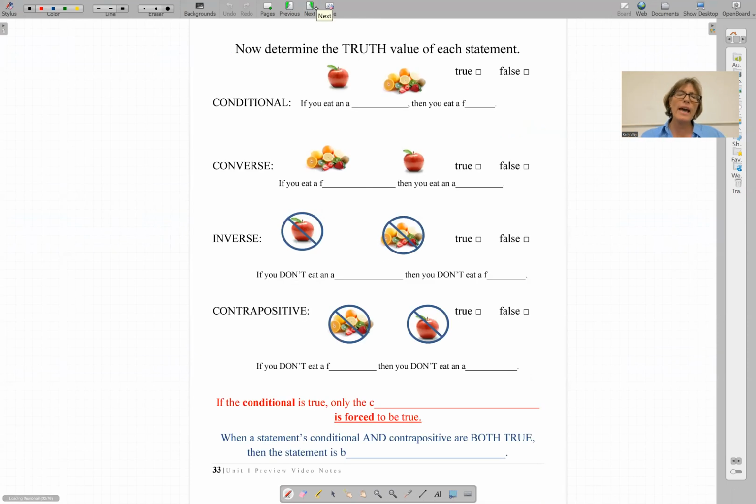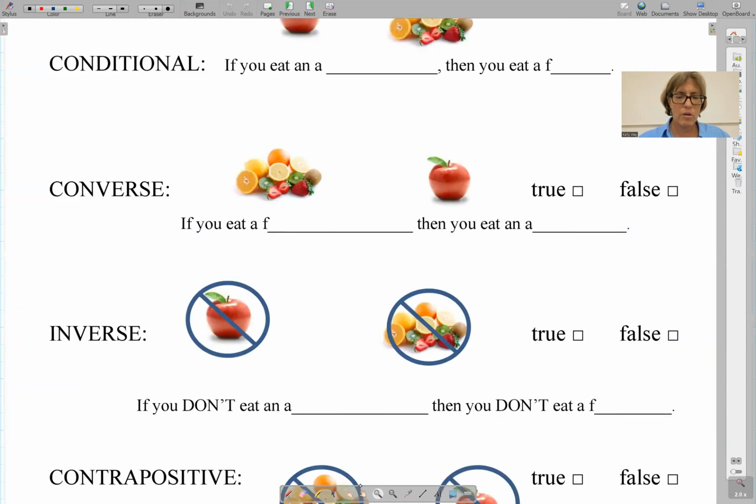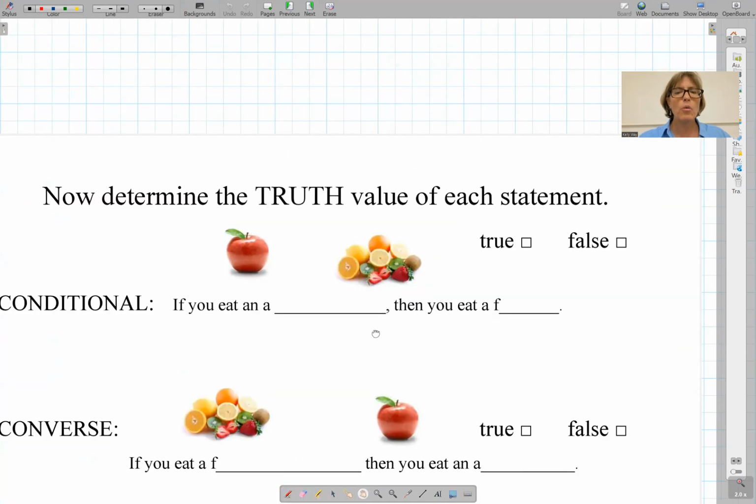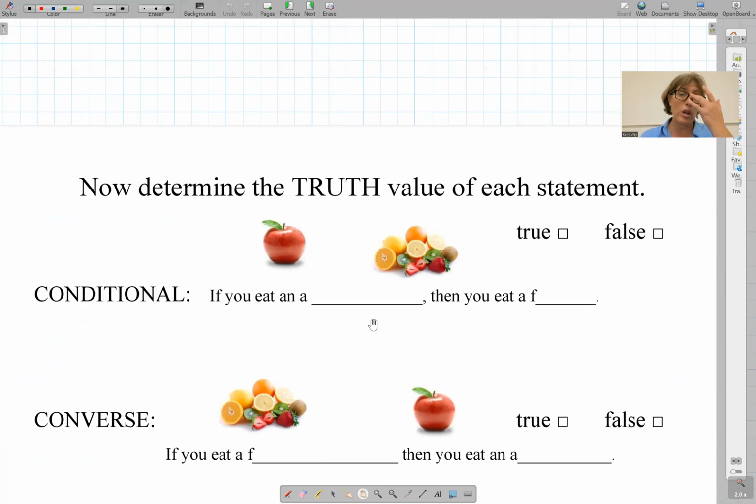Now we're going to analyze what's called a truth value. We're going to determine the truth value of each statement. So the first statement, the original conditional says, if you've eaten an apple, then you've eaten a fruit.